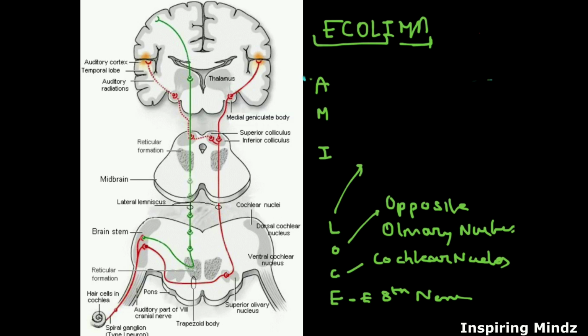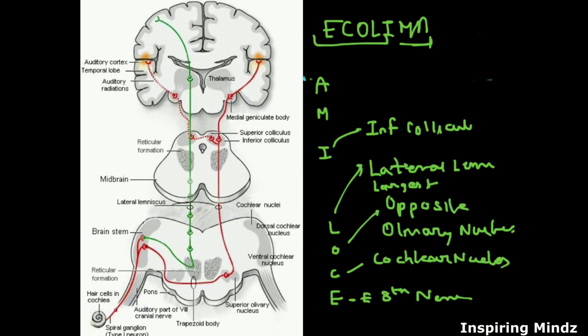From L I mean lateral lemniscus. From L I also mean largest. From I I mean inferior colliculus, and from M I mean medial geniculate body. From A I mean auditory cortex.